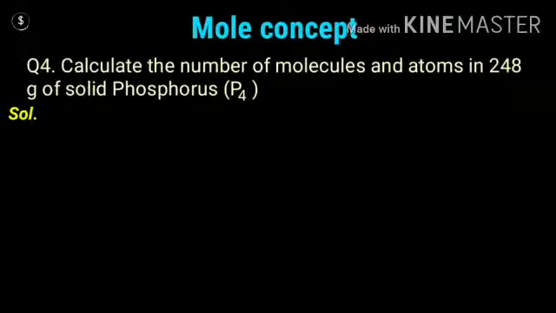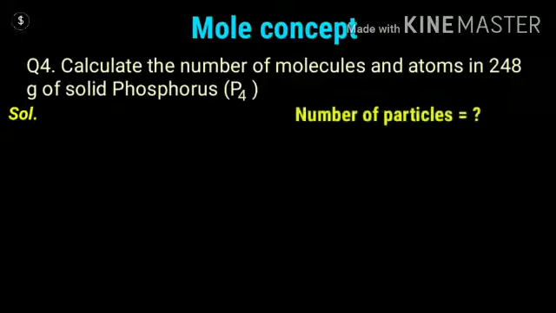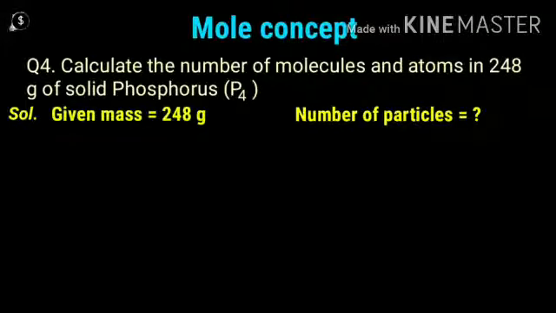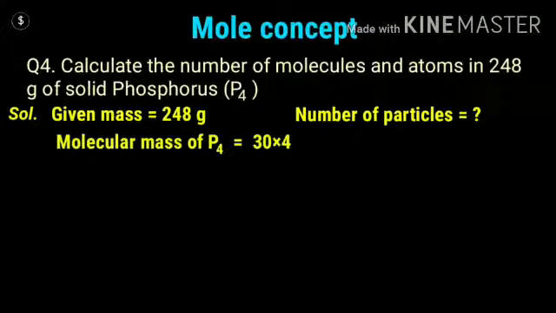Now the next numerical is: calculate the number of molecules and atoms in 248 gram of solid phosphorus P4. How will we do this question? In this question, you have to calculate the number of particles and the given mass is 248 gram. The molecular mass of P4 will be 30 into 4, because there are 4 atoms of phosphorus. Children, again you are seeing the same type of combination: the number of particles is to be calculated and the mass is given.